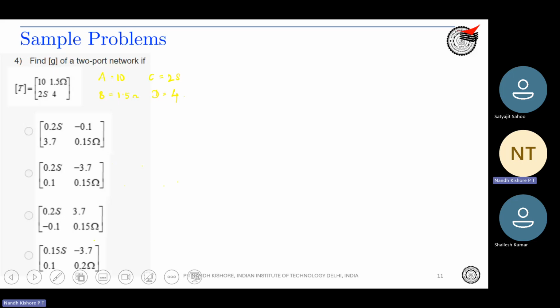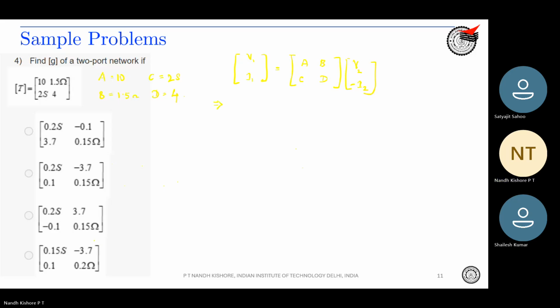But let's go to the basic definition of ABCD parameters. You have V1, I1 equal to the matrix A, B, C, D times V2 and minus I2, because minus I2 comes from the current direction. Correct?